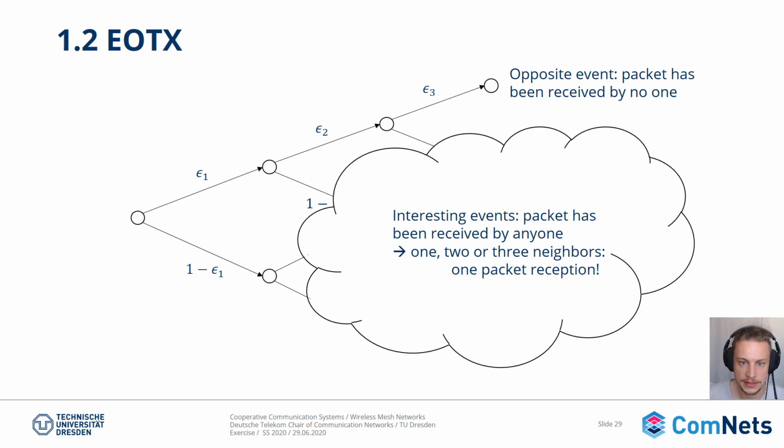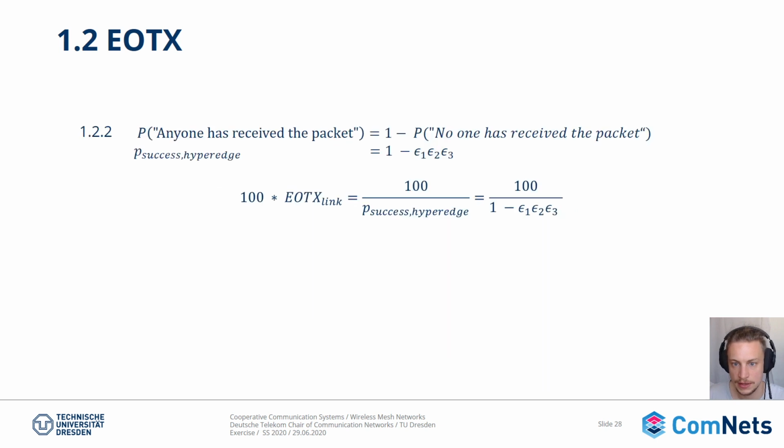2 interesting corner cases to note here also are if there's a perfect link or a completely lossy link. The EOTX shows a very interesting behavior. So if we add another neighbor, say N4, which has a completely lossy link, so no packets get through, that might be out of radio range of A, then its failure probability would be 1.